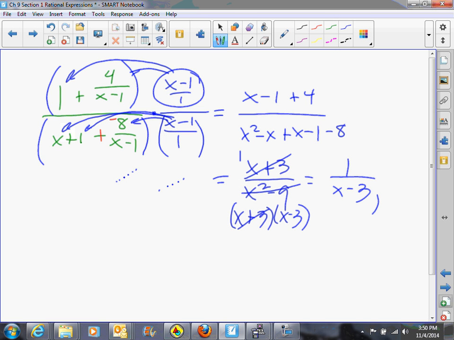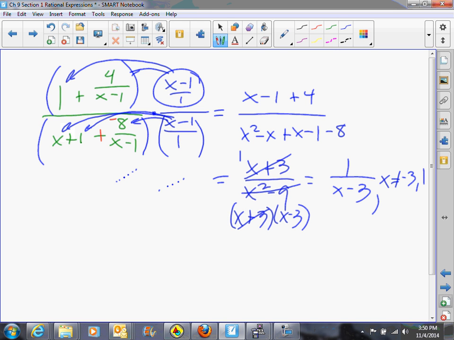Now, x cannot be equal to negative 3 because x plus 3 is 0 when x is negative 3. Now, guys, it also can't be equal to 1 because up here at the beginning, we canceled an x minus 1 over x minus 1 out. So our answer is 1 over x minus 3, x is not equal to negative 3 and to 1.